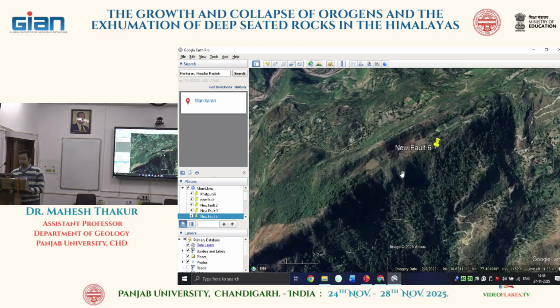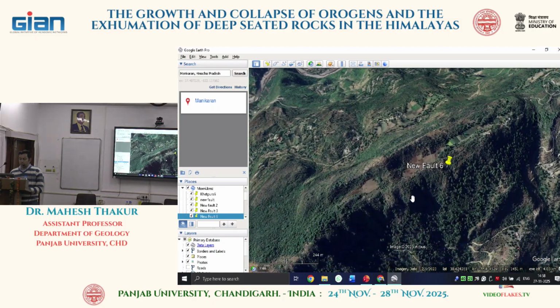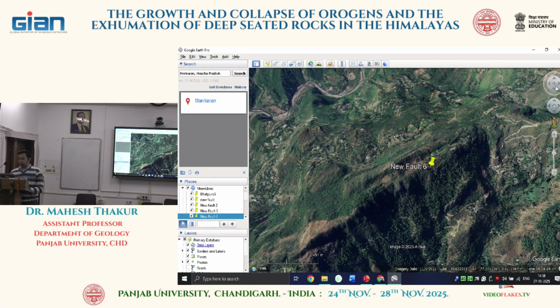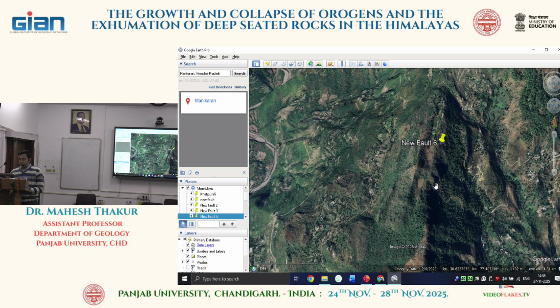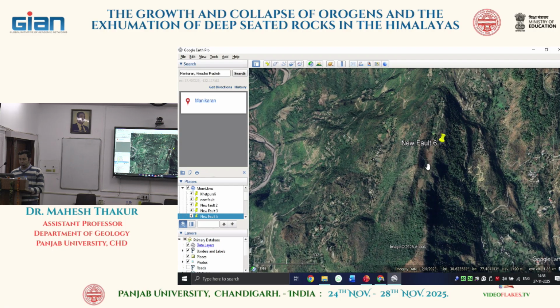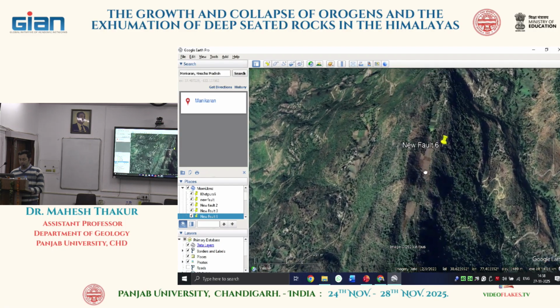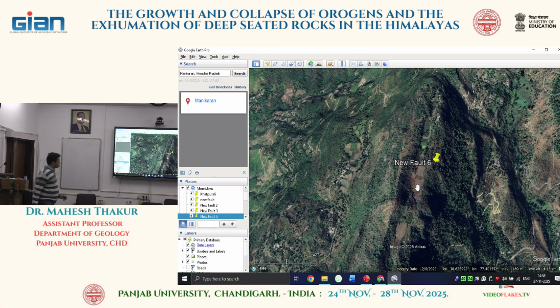So now you see, this is close to Renuka Lake. If you see this is the top of the mountain, you will think that this is a fault because you have a lot of these sag ponds on top of the mountain. You are forming a valley, but I was thinking this is a fault and I will work on it.